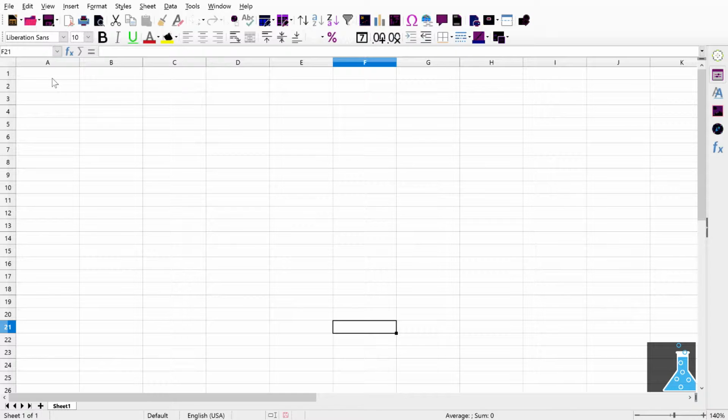Okay, so the first one, what we want to do is figure out what the future value of an investment will be based on a monthly investment, an interest rate, and the number of years that we'll leave it invested for. So we'll start out with the monthly amount.